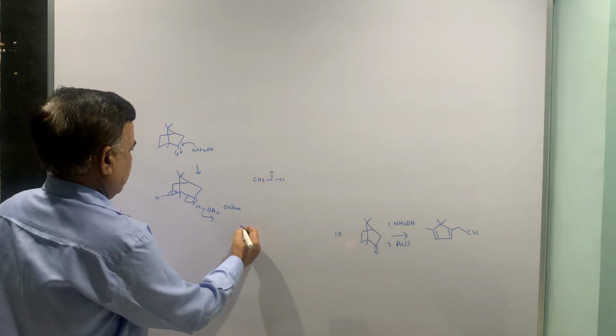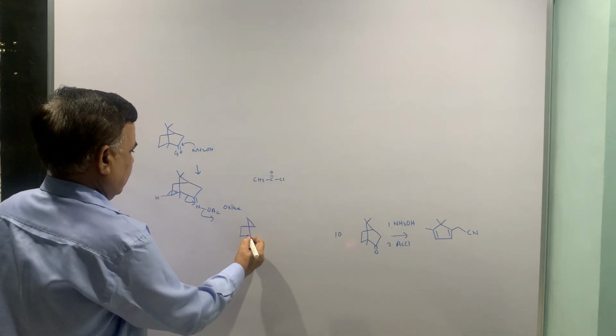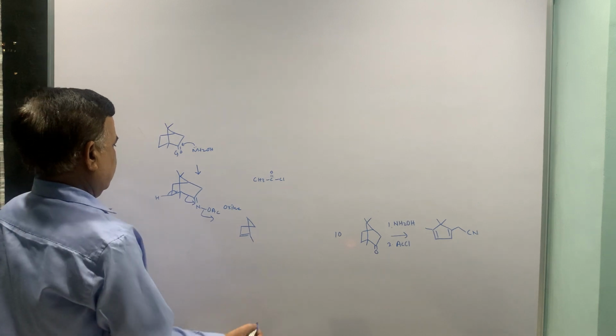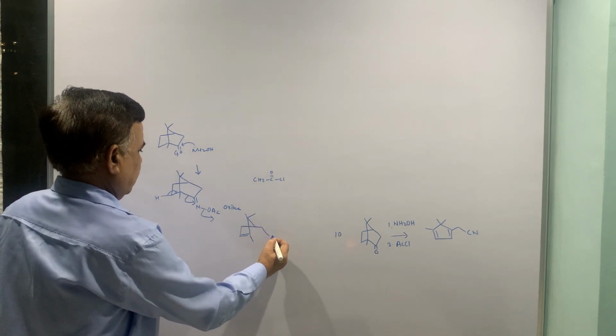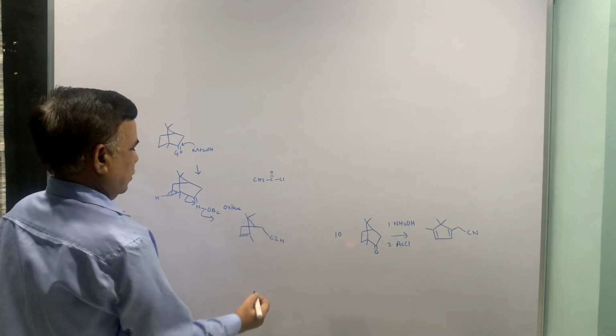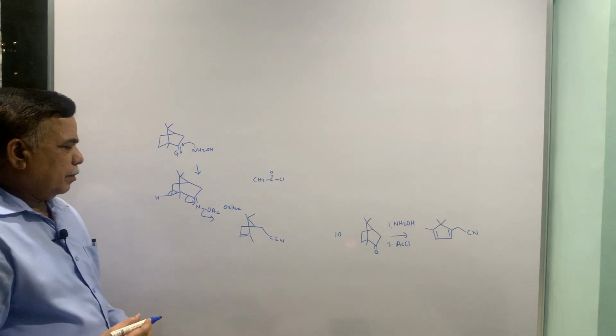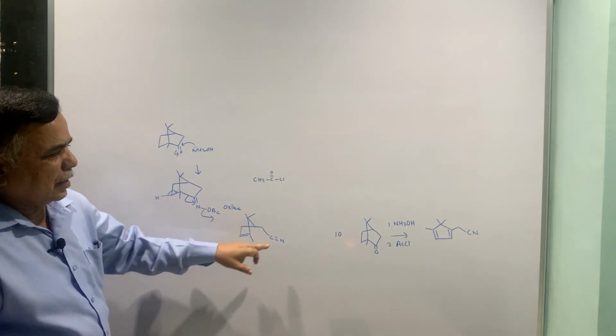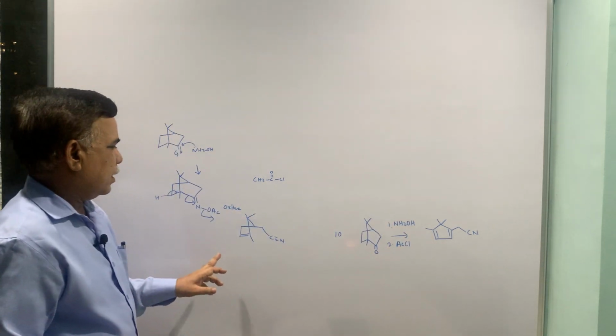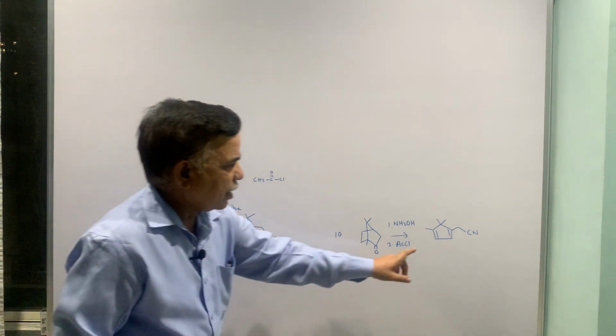So I will just put it as it appears. It is the same molecule. Your methyl and gem dimethyl are on adjacent carbon, that is there, and this double bond is not there.